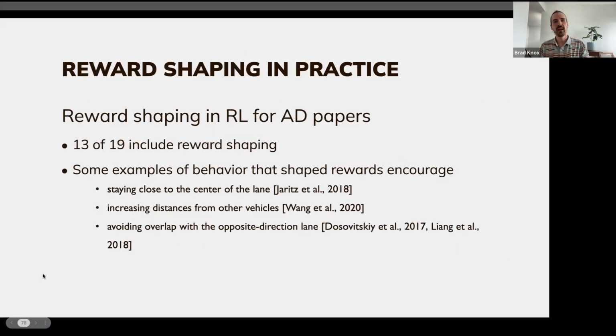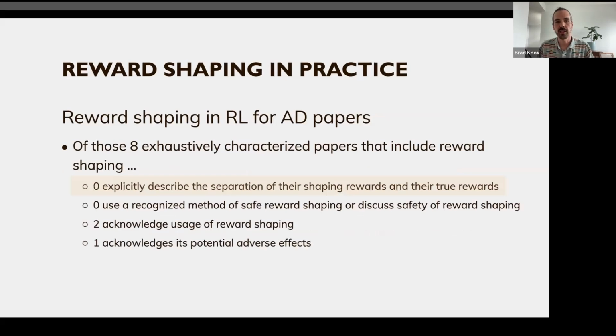Okay. Going back to these autonomous driving papers, we found 13 out of 19 include reward shaping. Here are some examples. I'll just read one of them of encouraged behavior. One of them was staying close to the center of the lane. So again, we exhaustively characterized some of those papers, and of the 8 that had reward shaping, none of them described the separation of their shaping rewards and their true rewards.